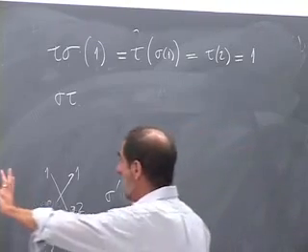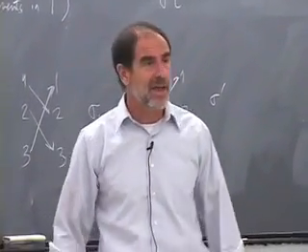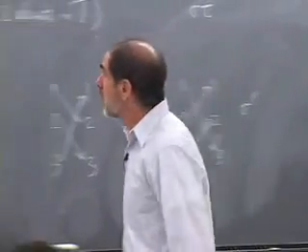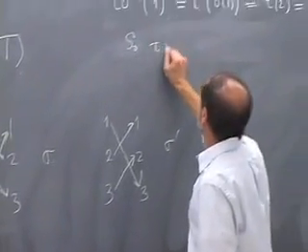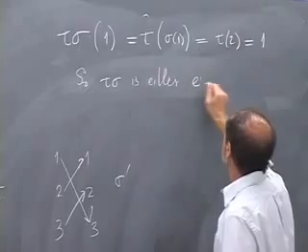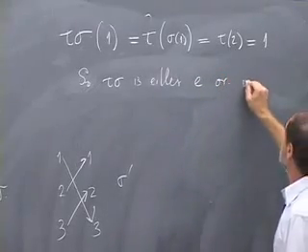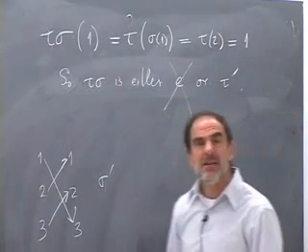There are only 2 of these 6 permutations that fix the element 1. What are they? It could be E. So tau sigma is either E or tau prime.